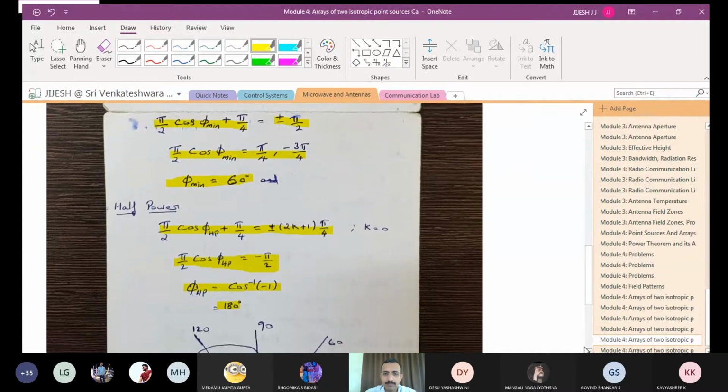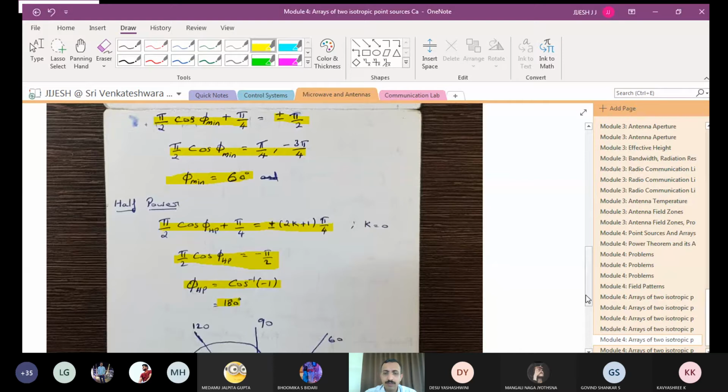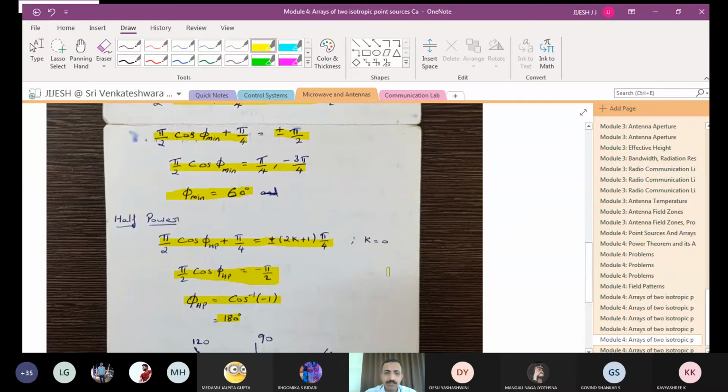So all of you have understood what are the points where the minimum value will be there, maximum value will be there, and half power values will be there. Now we have to draw the axis.